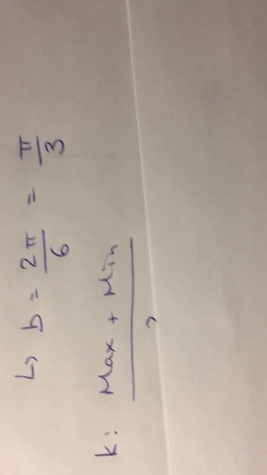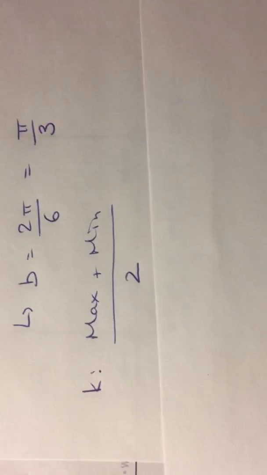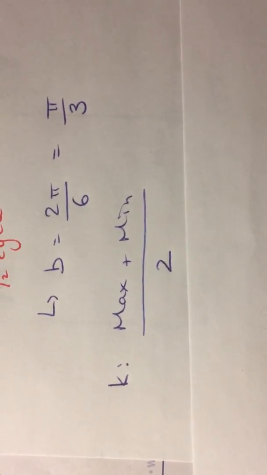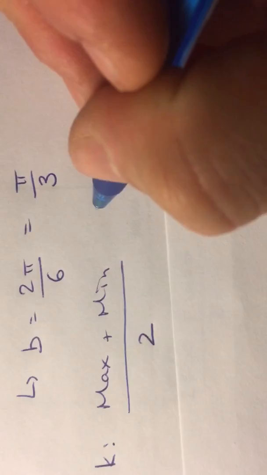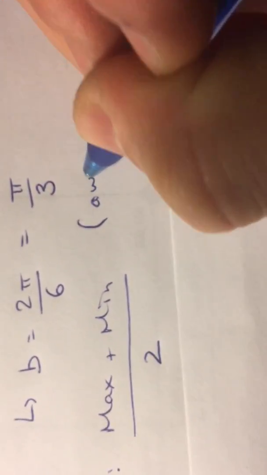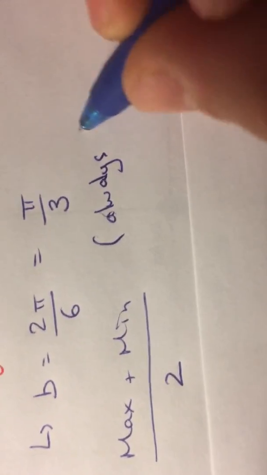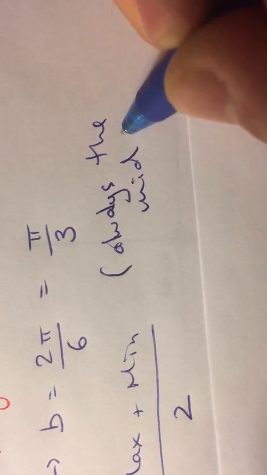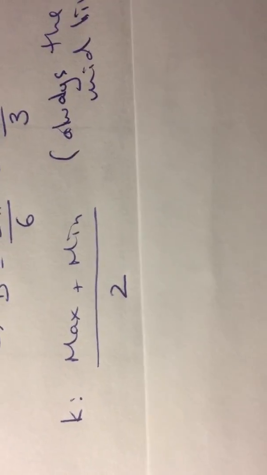Finally, we're going to find the value of K. The reason I have to do this, I can't just use the starting point of the graph, is because with the cosine function, the starting point of the graph does not represent the midline, and K is always on the midline. So you're going to do max plus min divided by 2.